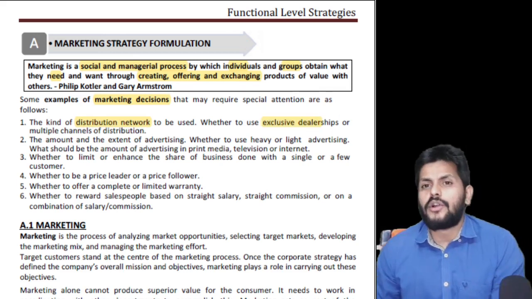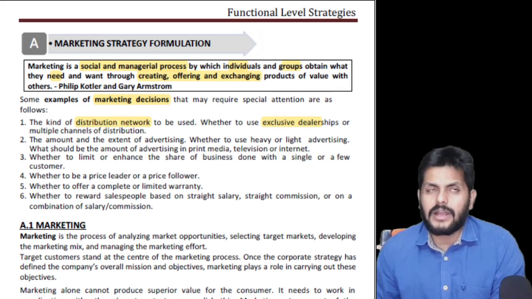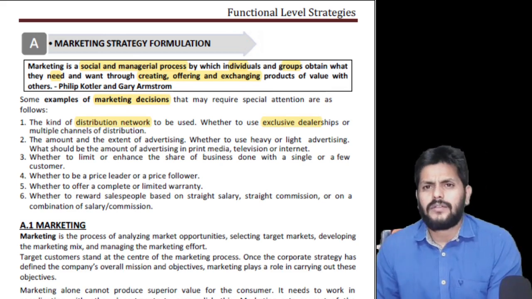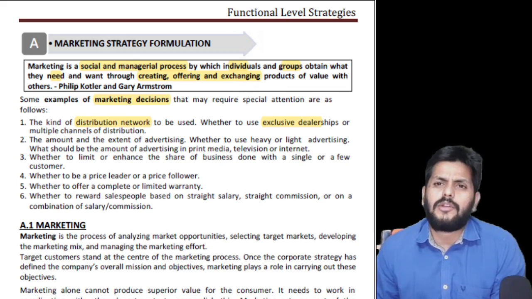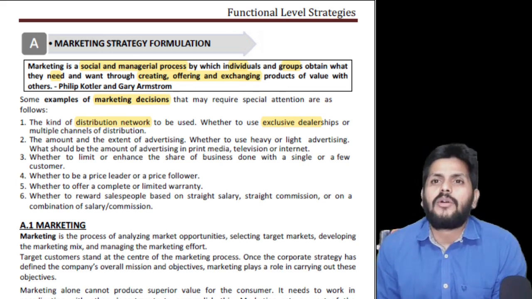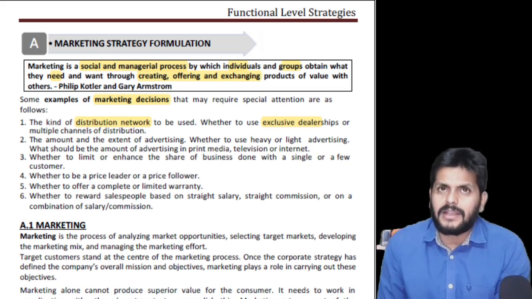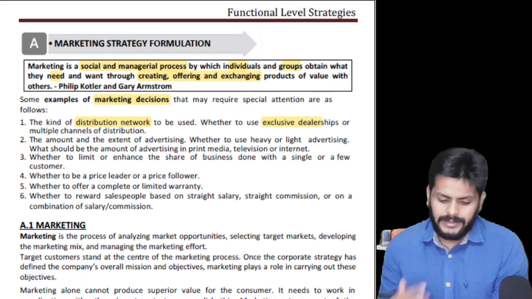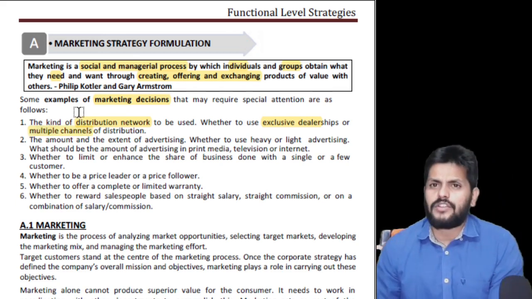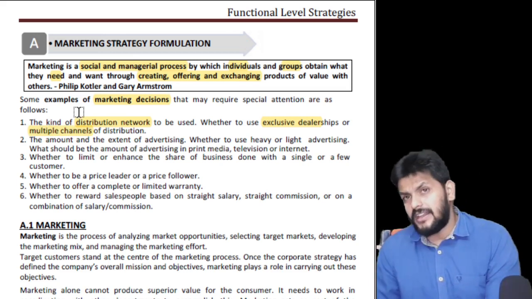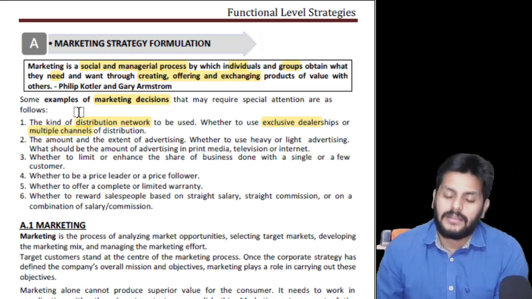Like Skoda cars: Mahavir Motors is the exclusive dealer for Skoda cars. You won't be able to buy Skoda cars anywhere else other than Mahavir Motors because nobody else is there. Should you go for something like that, or should you go for multiple channels of distribution, that is, sold through distributors, through retailers, and online?